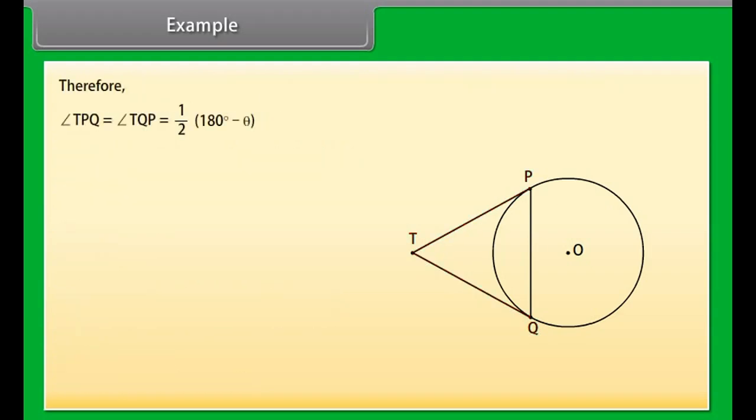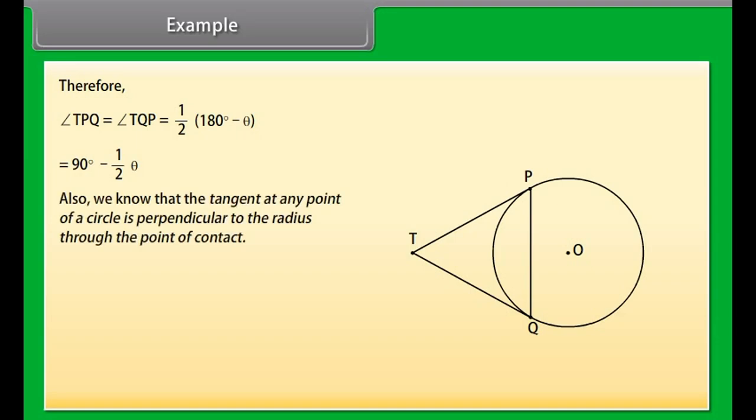Therefore, angle TPQ is equal to angle TQP, which equals 1 upon 2 into (180 degree minus theta), which is equal to 90 degree minus 1 upon 2 theta. Also, we know that tangent at any point of a circle is perpendicular to the radius through the point of contact. Therefore, angle OPT is equal to 90 degree.